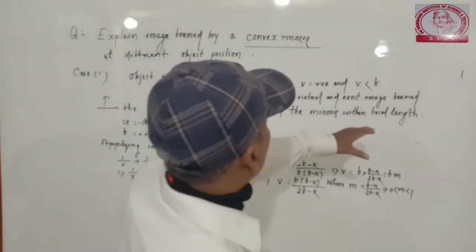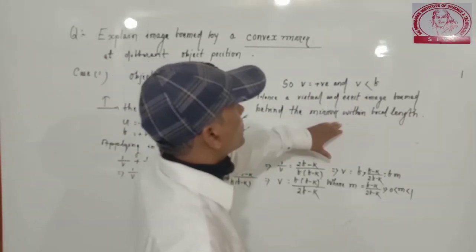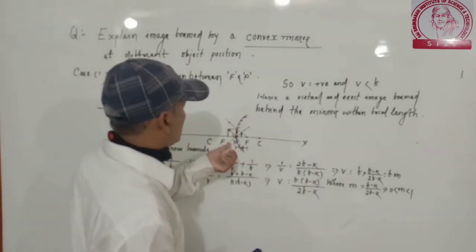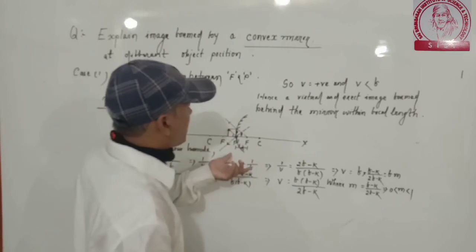Hence a virtual and erect image formed behind the mirror within focal length. Can you see? This is a virtual and erect image.